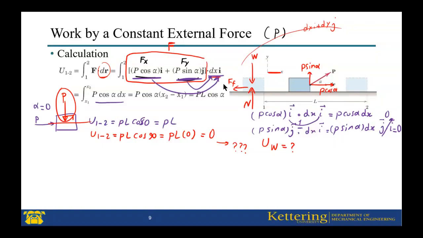There's another reason: there is no displacement in the direction of weight. Similar to what I just concluded here, force P is 90 degrees to the displacement. So the work done by the weight is 0. How about the work done by the normal force? Also 0. It is perpendicular to the displacement.